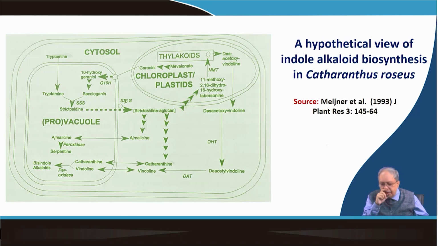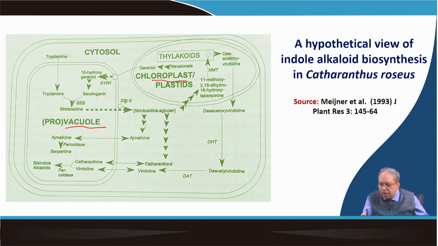This is a hypothetical view of indole alkaloid biosynthesis in Catharanthus. Here the involvement of different compartments within the cells is shown. I also discussed this in detail: there is involvement of the vacuole, chloroplast, cytosol and also the endoplasmic reticulum, where these reactions are carried out.